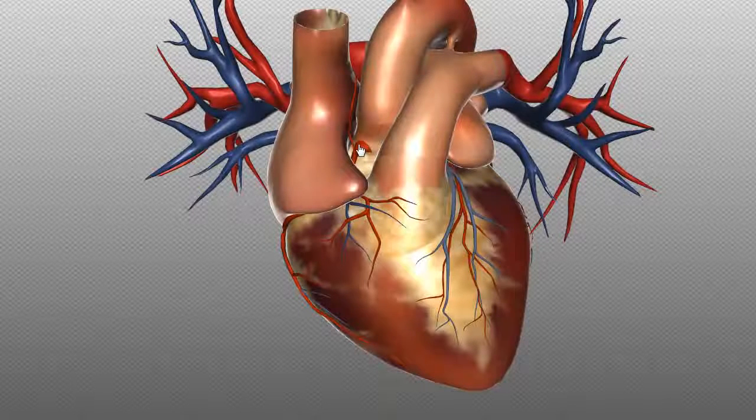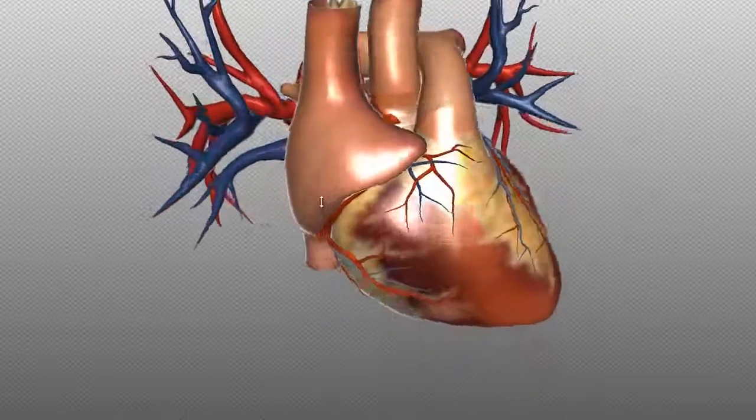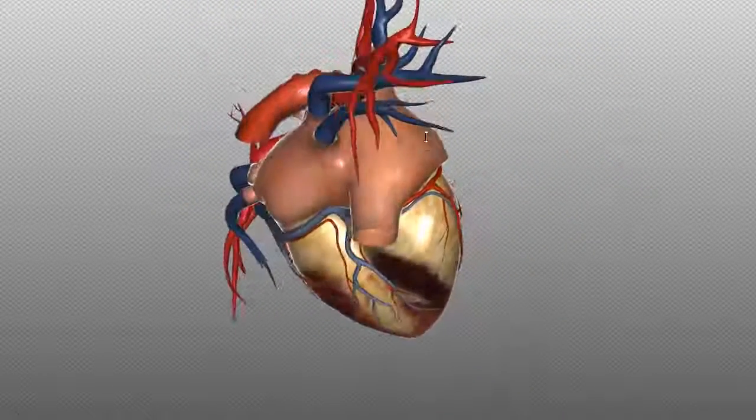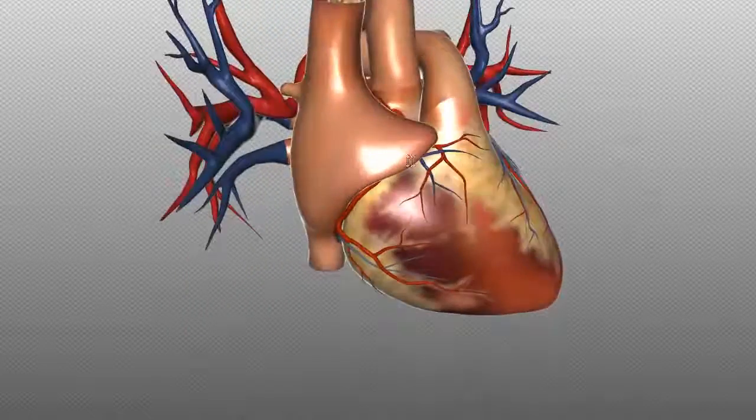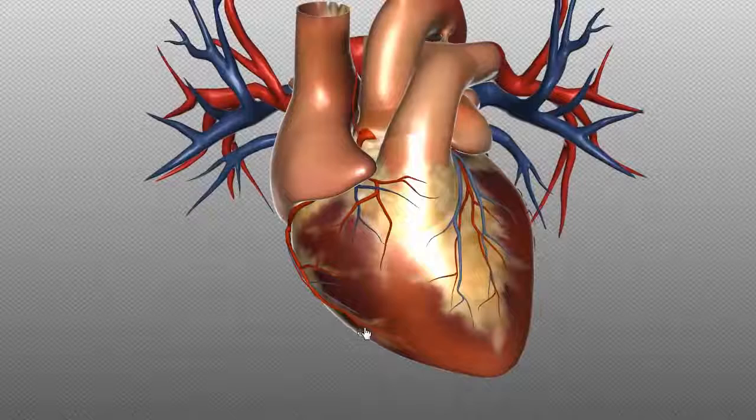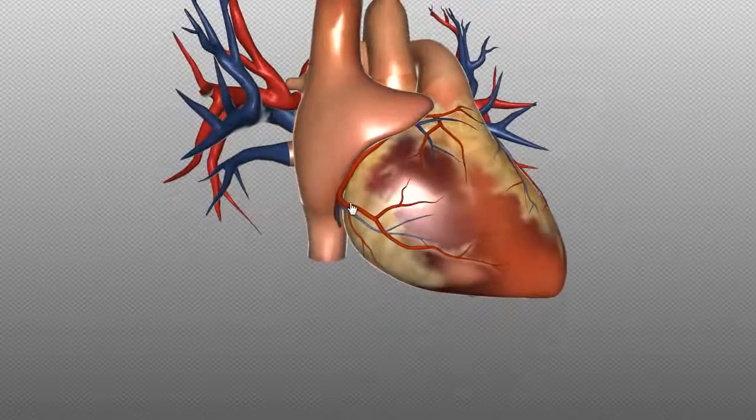Following the right coronary artery around its course, it winds round along the coronary sulcus to the back of the heart, and it gives off two main branches. You can see this branch on the right margin of the heart coming off the right coronary artery. This is called the right marginal branch. That's the first branch.